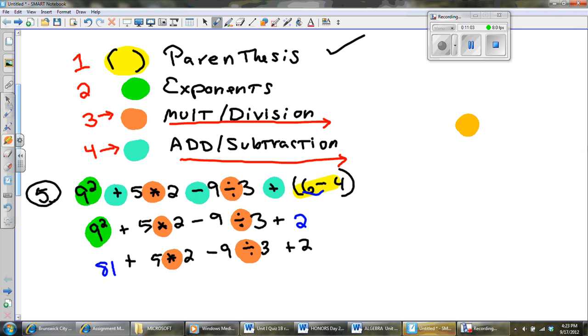Now I will go left to right doing only the multiplication and division. So this will become 10, 5 times 2 is 10, and this will become 9 divided by 3, which is 3. Bring down the rest of the problem, 81 plus, minus, plus 2.